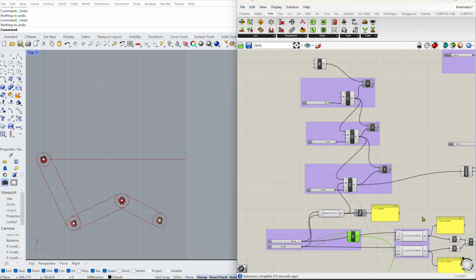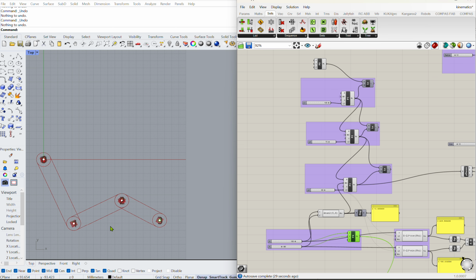Then we work our way backwards from theta 3 to theta 2. Theta 2 is describing the angle from 0.1 to 0.2. And then theta 1, which is describing the angle from 0.0 to 0.1.